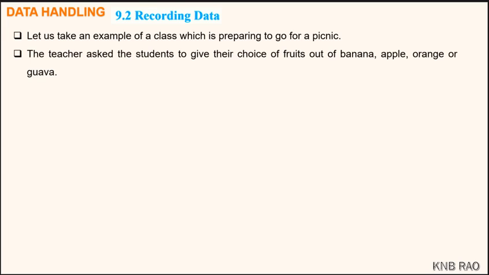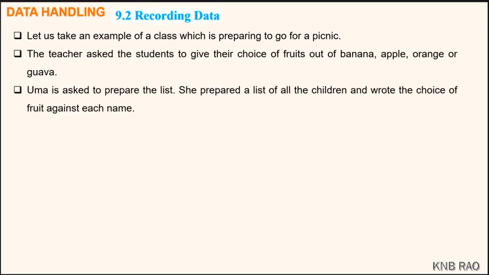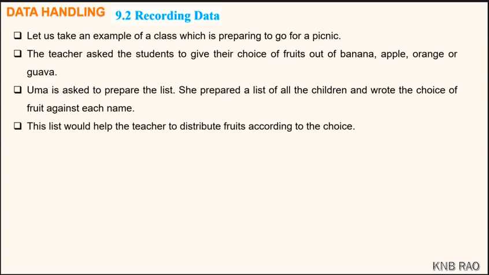Now, this task of taking a list is assigned to Uma. She prepared a list of all the children and wrote the choices of fruits against each name, like a big table.